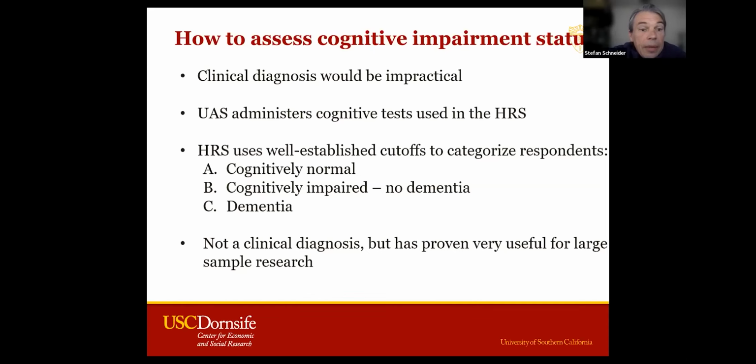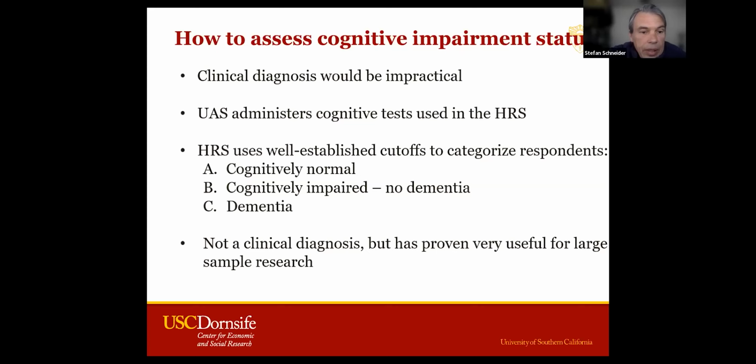The HRS uses well-established cutoffs developed, for example, by Langa and Weir, the so-called Langa-Weir cutoffs, to categorize respondents into three groups: cognitively normal people, cognitively impaired with no dementia, or people with dementia.